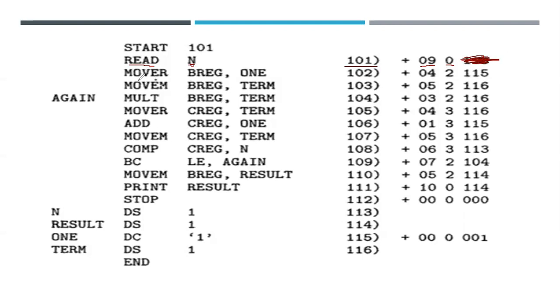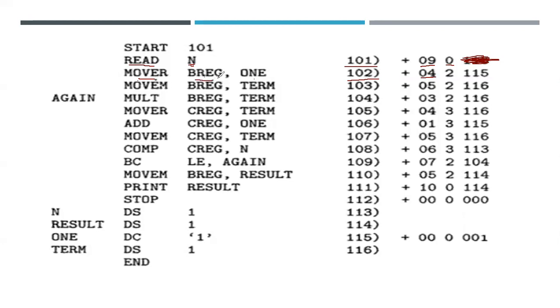Next line is move r B register, 1. After 101, the next instruction address is automatically calculated, that is 102. Now what is move r? Move r is nothing but 04. We have seen that in the table of the previous lecture. Next is the B register.